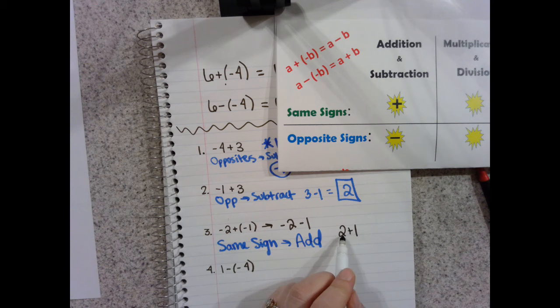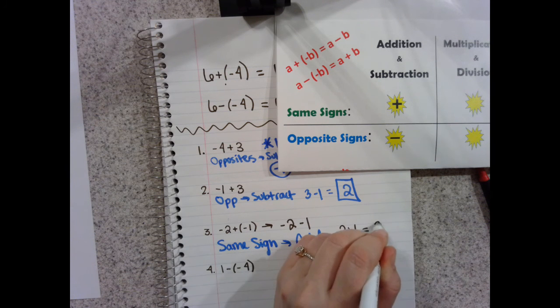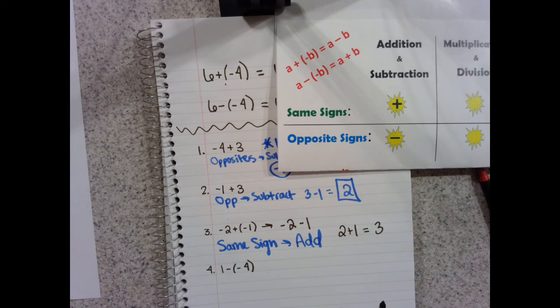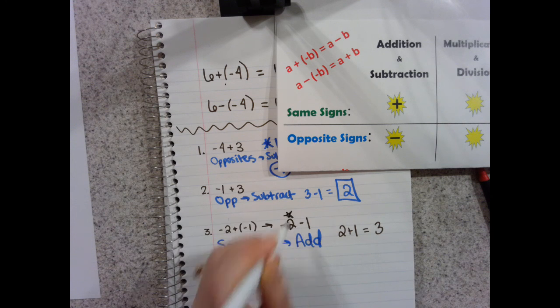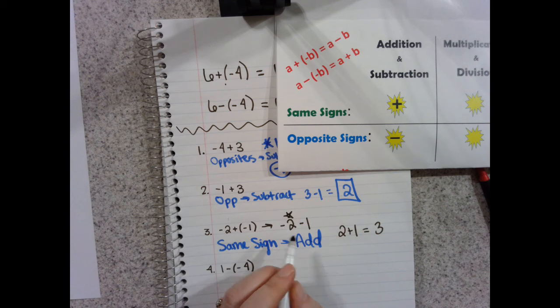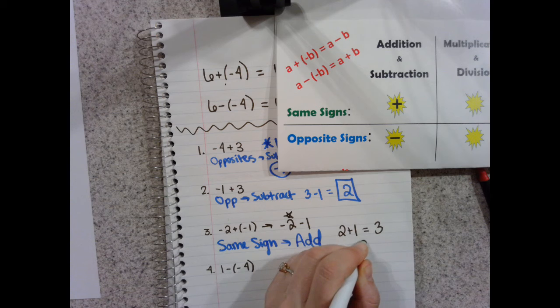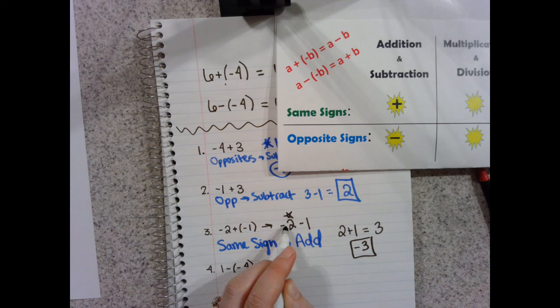Just take the numbers, 2 plus 1, and you get 3. Now I need to keep the sign of the larger number. 2 is larger than 1, and 2 is negative. So my final answer would be a negative 3, because I kept the sign of the larger number.